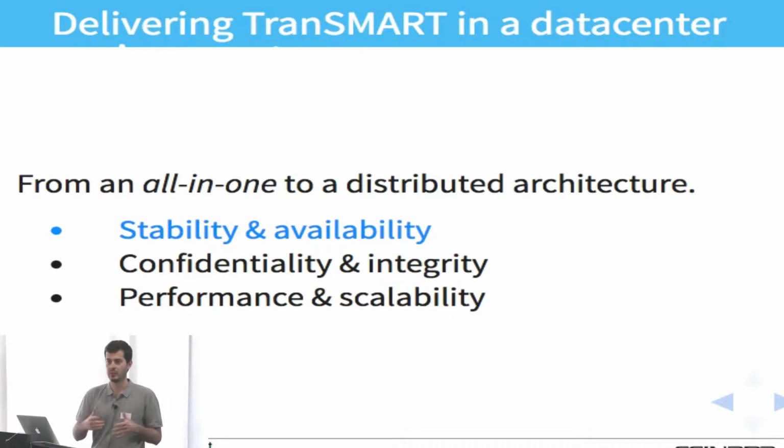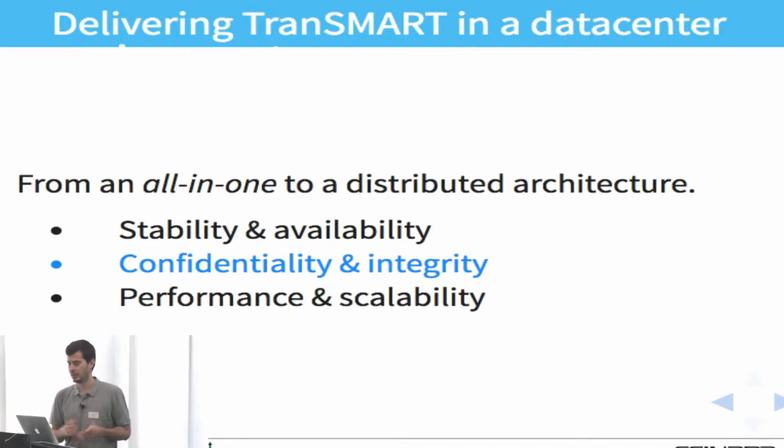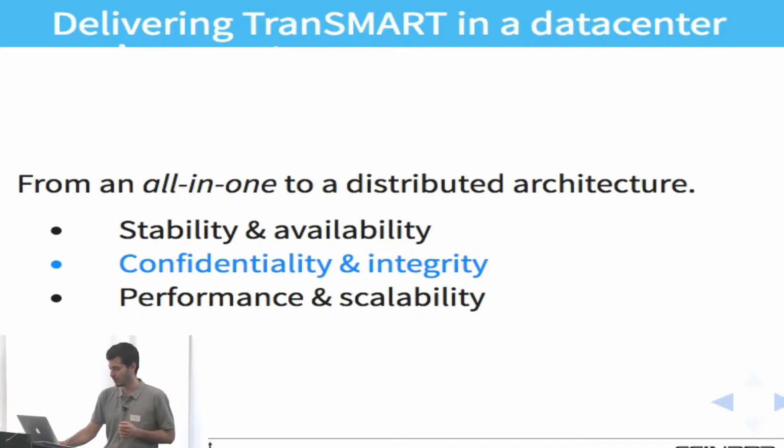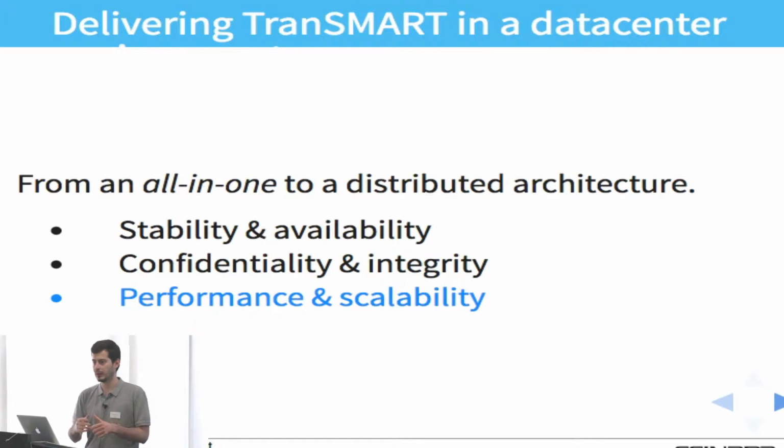We needed to make it available as much as possible to our users. We also needed a good level of confidentiality, of course, because this is medical data and you don't want anybody to access it, and you don't want to lose it. That's very critical. And we also needed to provide good performance and be able to scale as the project went on.